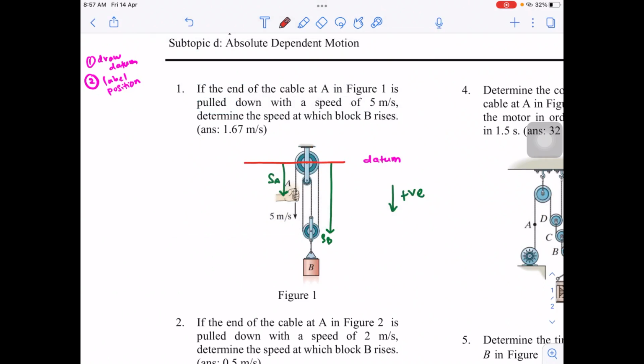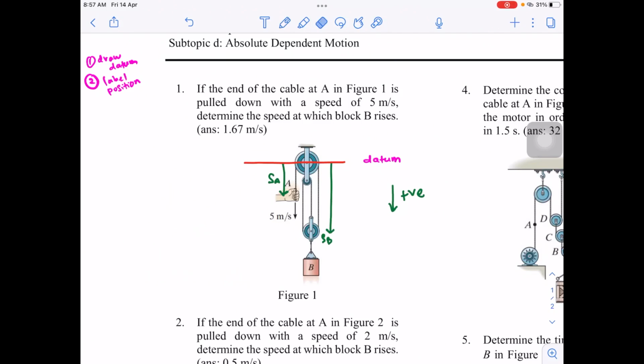Ini contoh lain lah. Datum. Di atas ni ada pulley. So kita draw daripada datum ke atas. Okay. Let's say this is SA. So ke atas adalah positif. Okay. It depends on where your datum and your direction.